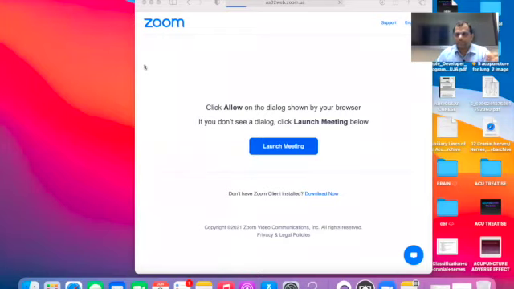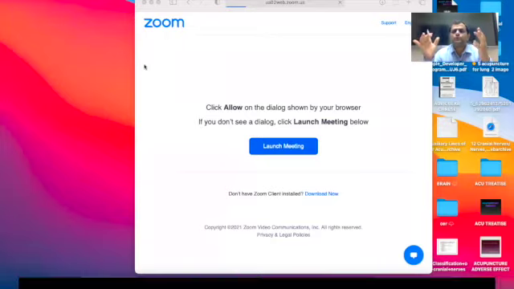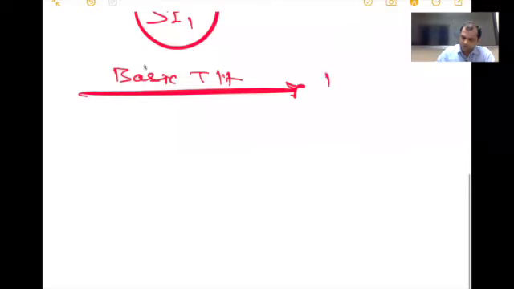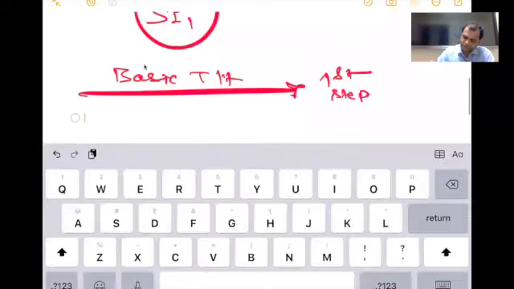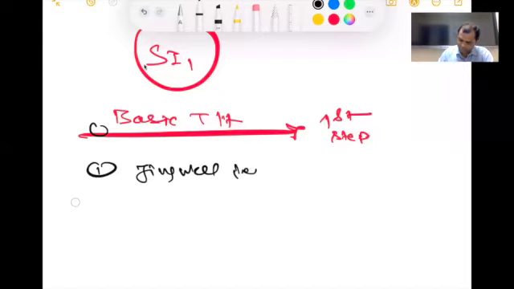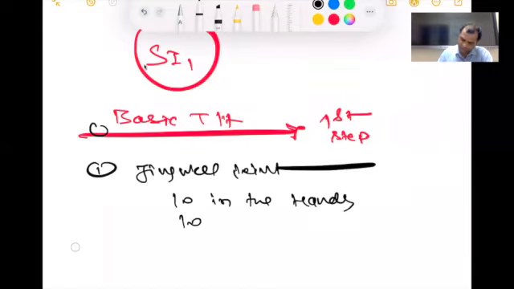The next point will also be very effective. In the basic treatment, the first step is the gingival points: 10 in the hands and 10 in the feet.